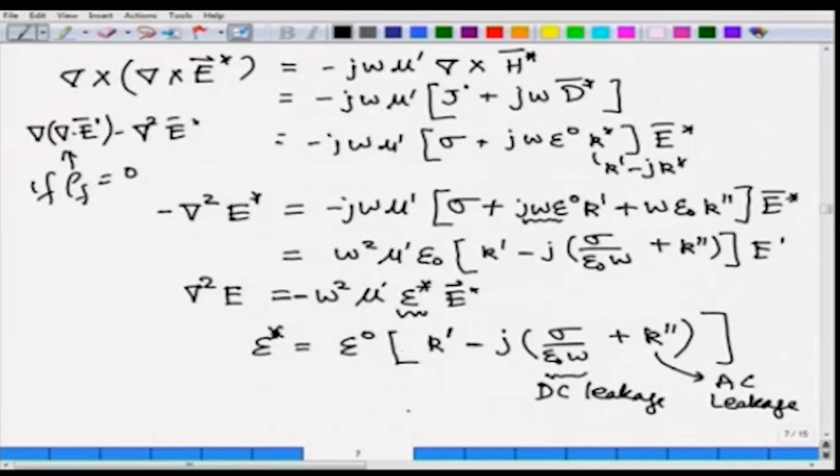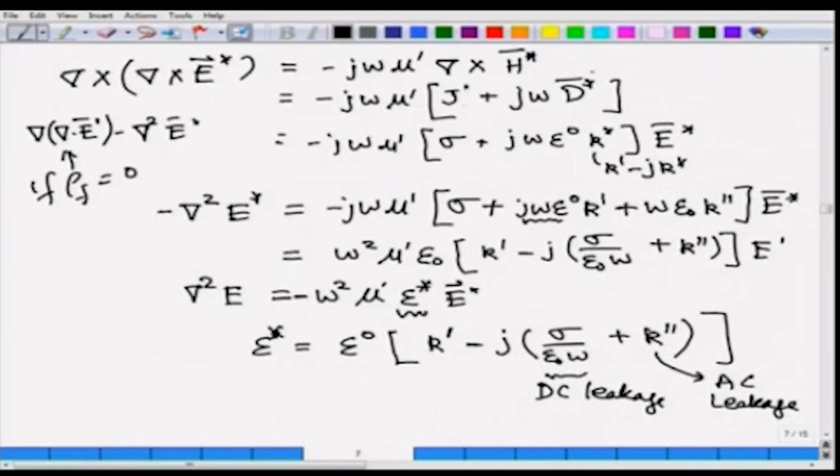So, that is the general idea, that you can write a dielectric constant, or permittivity, in the form of a complex quantity, in which permittivity is k prime minus j k double prime, and this k double prime represents the AC losses. And of course, on top of that, because of this quantity j, you can also add, remember this is the displacement current.